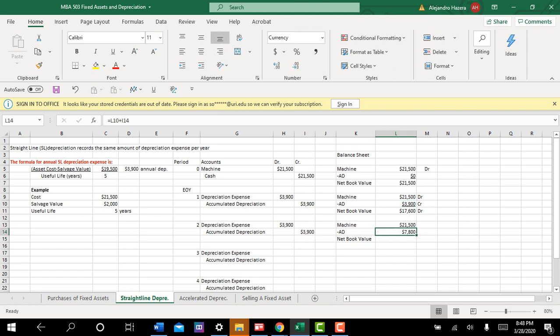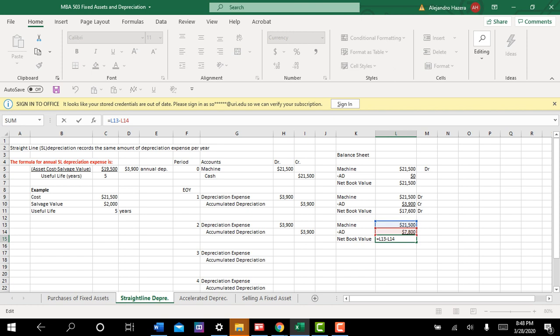So your accumulated depreciation is last year's accumulated depreciation of $3,900 plus this year's depreciation expense of $3,900. So your new accumulated depreciation is $7,800. And your new net book value is $21,500 minus $7,800, just the net of those two numbers.